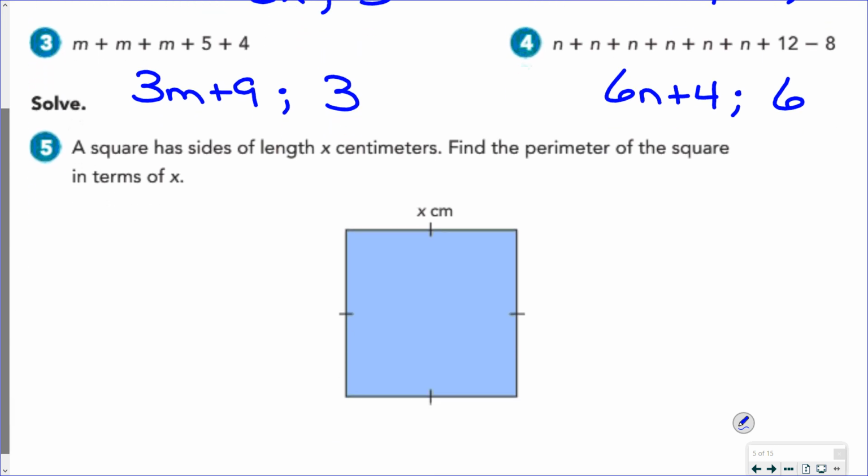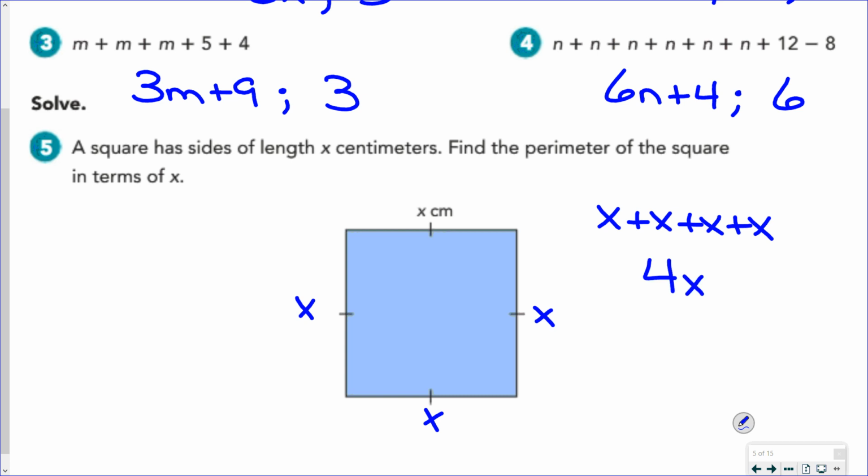I'm going to scroll down a little bit. A square has sides of length x centimeters. Find the perimeter of the square in terms of x. If it's a square, all of the sides would be congruent, so they'd all be x. So your perimeter would be x plus x plus x plus x, or 4x.